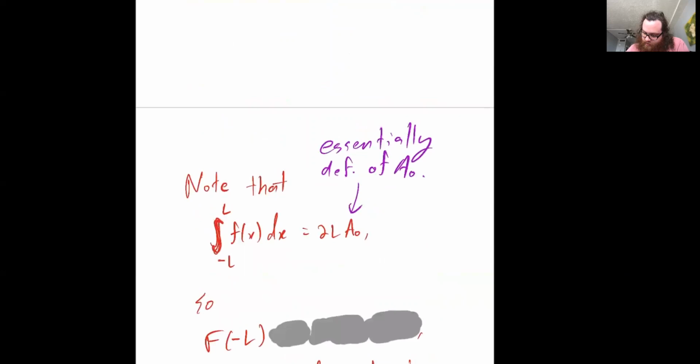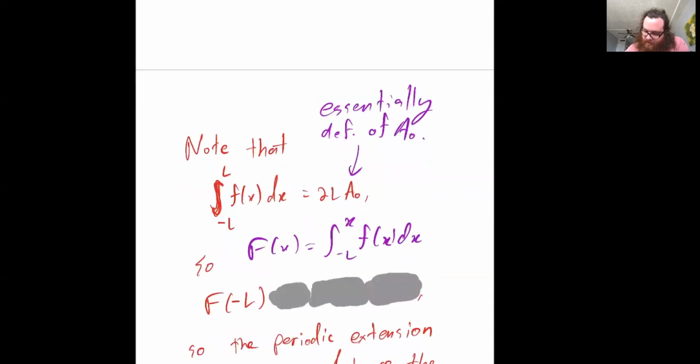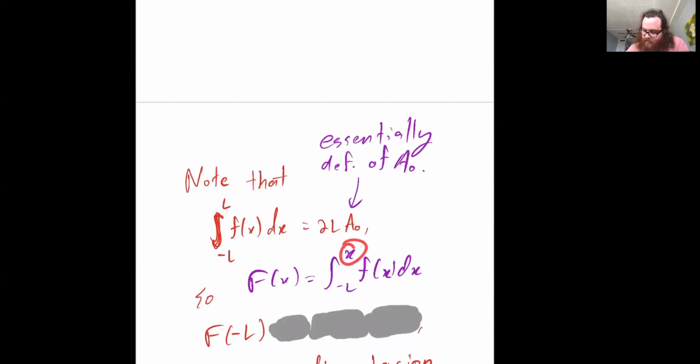Well, what is F of negative L? Again, where F of x was the integral from negative L to x of f of x dx. If you plug in negative L here, you're integrating from negative L to negative L, so you're not integrating over any region that actually has an area.